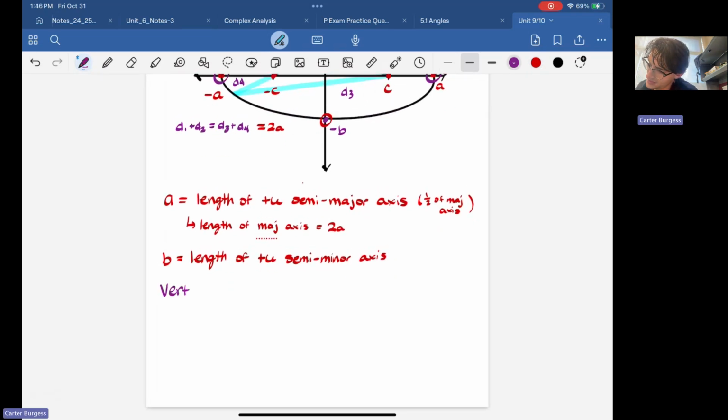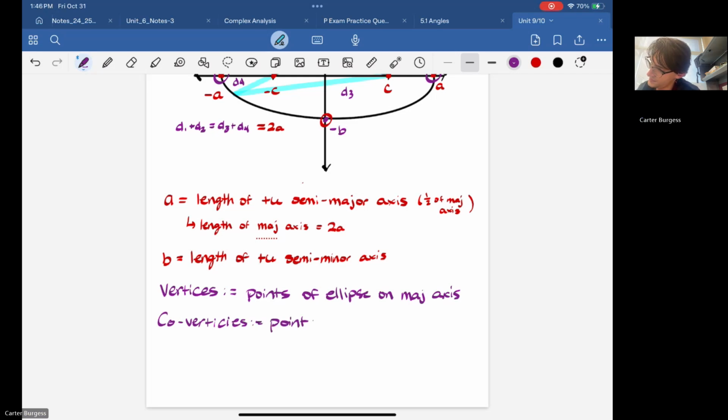So vertices are points of ellipse on major axis, and co-vertices are points of ellipse on minor axis.